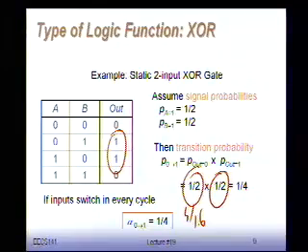An odd number of inputs at 1 basically gives you a 1, an even number gives you a 0. Now think about an AND gate, or an OR gate, any one of those. What's going to happen there? Will the transition probability go up or down? I think I already told you.